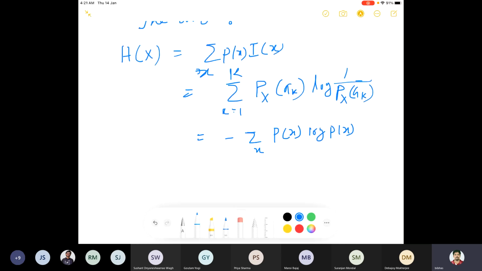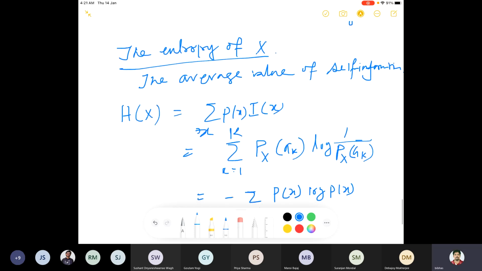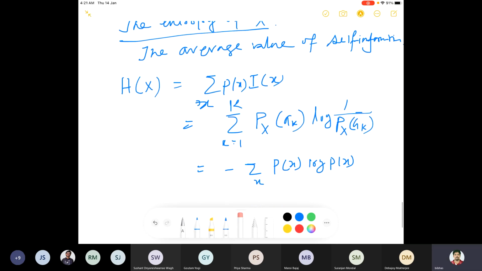So what does this entropy mean? See, this amount of surprise is defined for a particular possible input, and H(X) is the average of that.